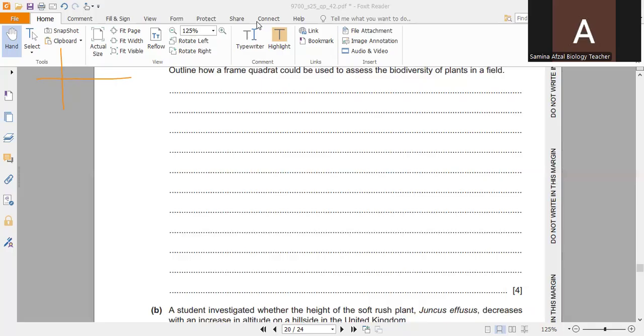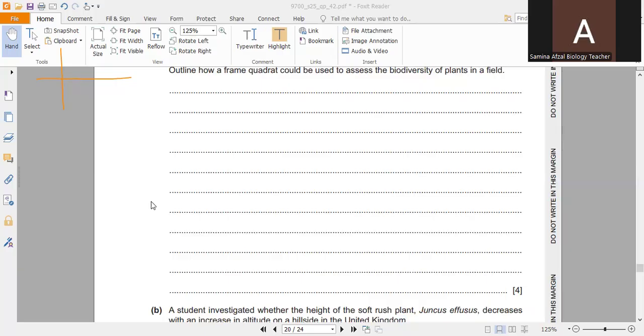Then we can estimate the percentage of the area inside the quadrat covered by each species. And then we can repeat the process many times to ensure the data is reliable and representative. Then we can calculate the average number of species or percentage cover per quadrat. In this way, we can estimate for the whole field.